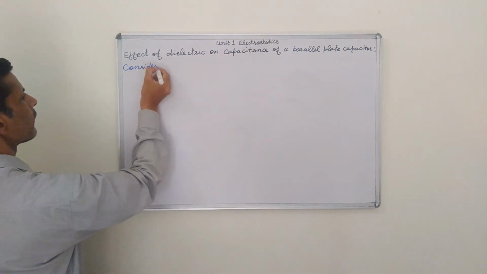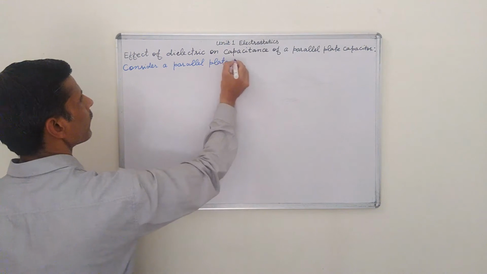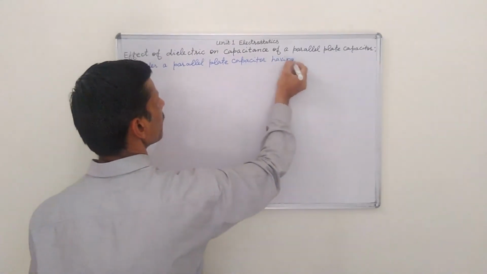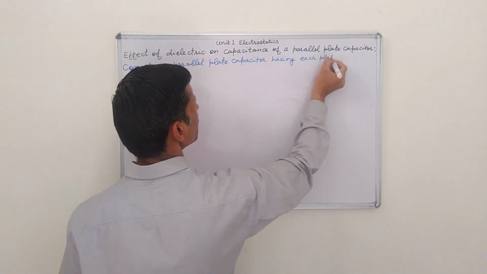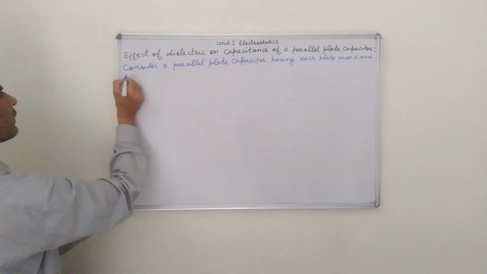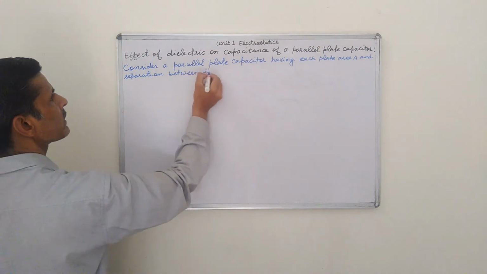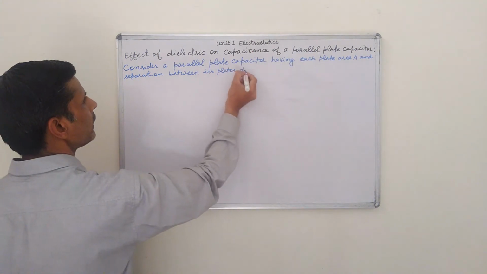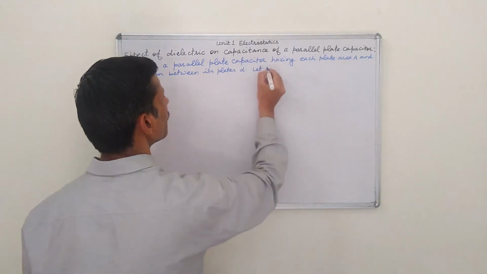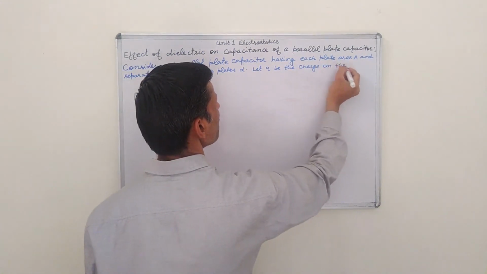Consider a parallel plate capacitor having each plate area A and separation between its plates D. Let Q be the charge on the capacitor.